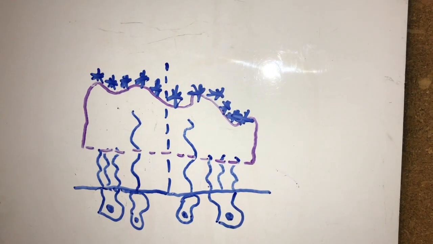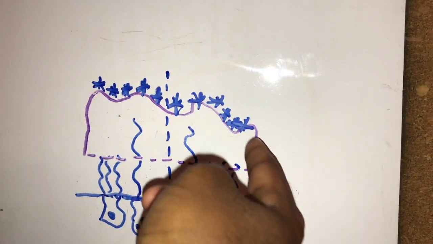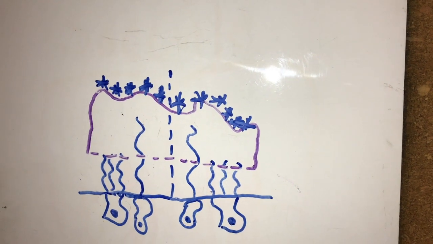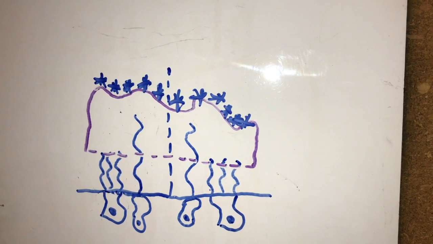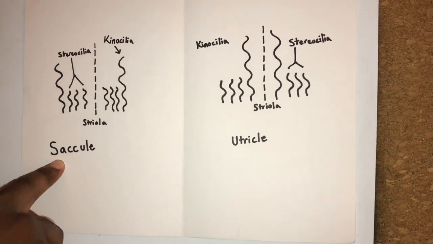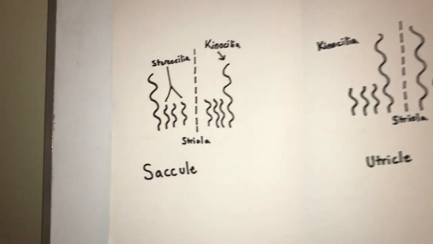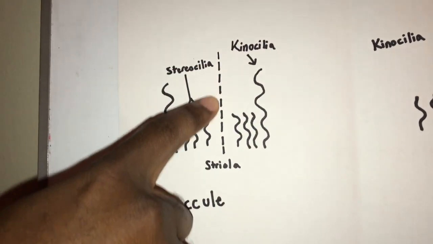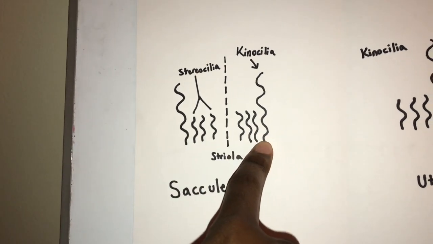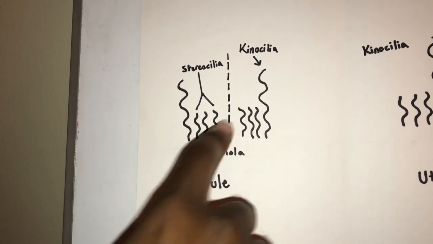On top of the otolithic membrane, you will find ear rocks, or otoconia, made of calcium carbonate, which when displaced assist the otolithic membrane in movement of the hair cells. In the saccule, you will note that the kinocilia are arranged in opposing positions and are separated by the striola, this dashed line in the middle. If you forgot, the kinocilia are the much larger hairs and the stereocilia are the much shorter hairs.